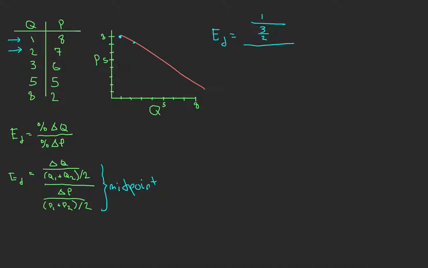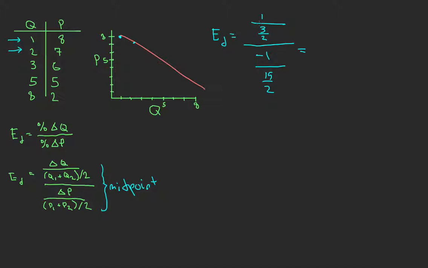Now for the price portion, the change is -1, although this won't matter, and I'll show you in a second why the negative doesn't matter, all over the first price plus the second divided by 2. And so that's 8 plus 7, that's 15 over 2.